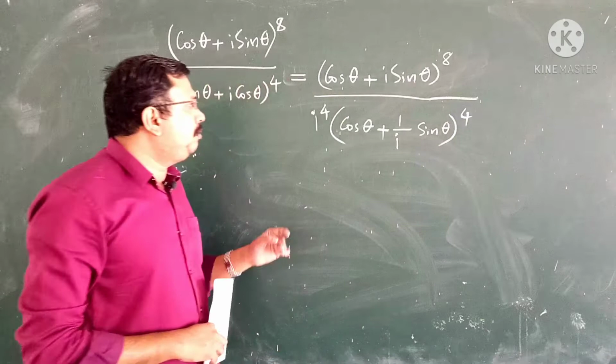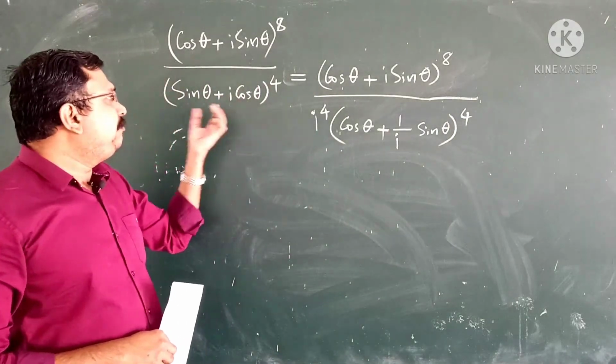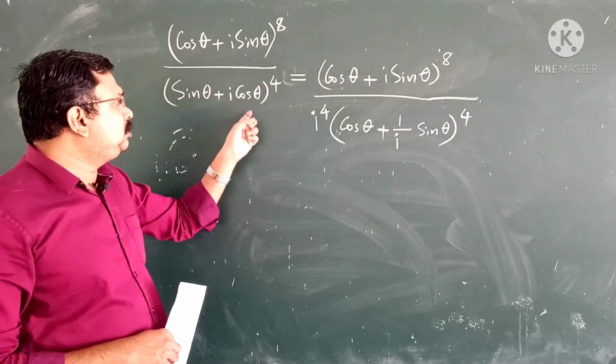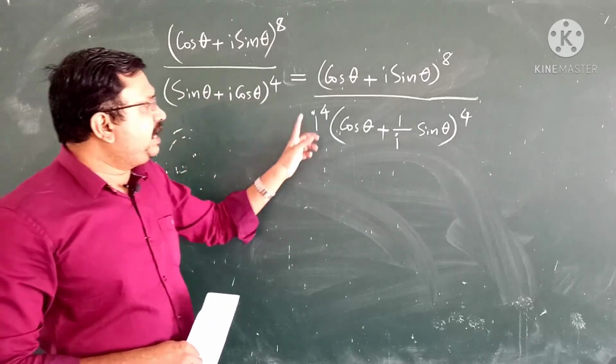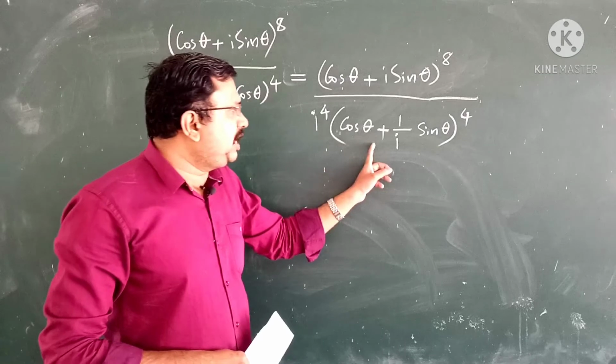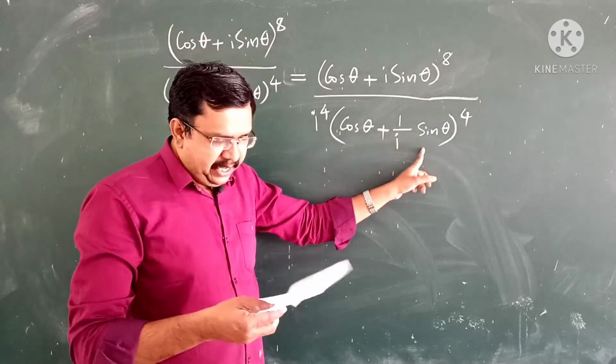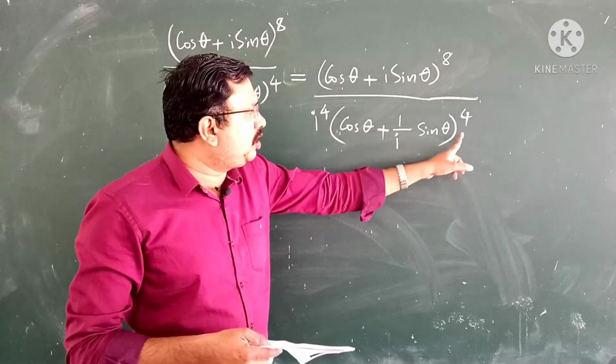Okay, remember that I am taking i from both these two terms, then we will get i raised to 4 into (cos theta plus 1 by i sin theta) the whole raised to 4.